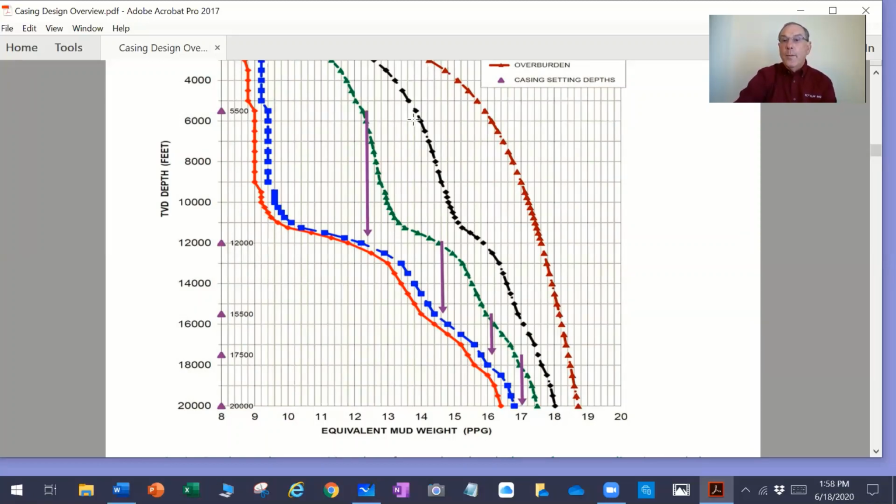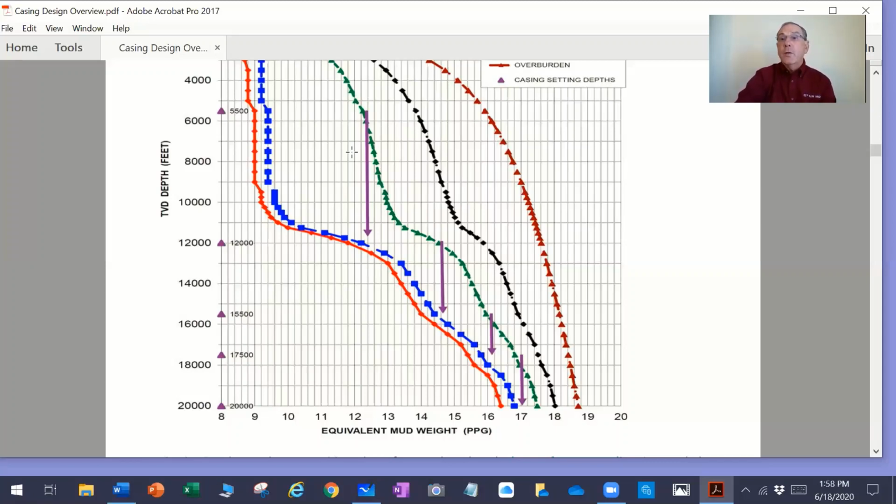So even though the surface casing is really important, even though I drill out of that casing shoe and do a shoe test to something close to 14 pounds per gallon, if I try to weight my mud up and I have a sand at 5,600 feet, let's say a big old blocky sand, and I drill down to 10,000 feet and start weighting my mud up above 12.5 pounds per gallon, I start losing mud.